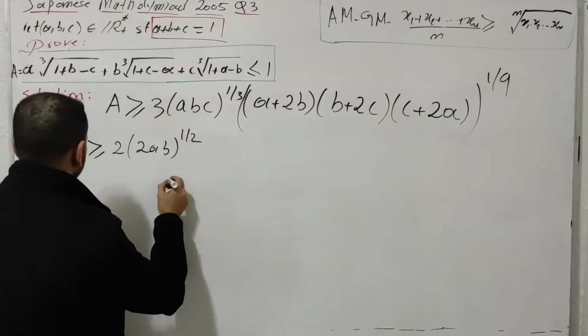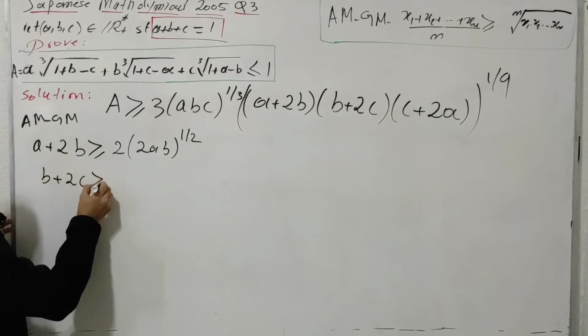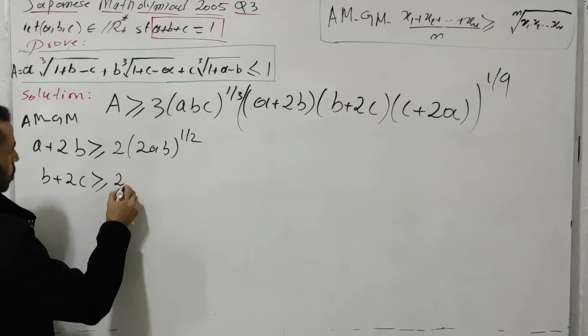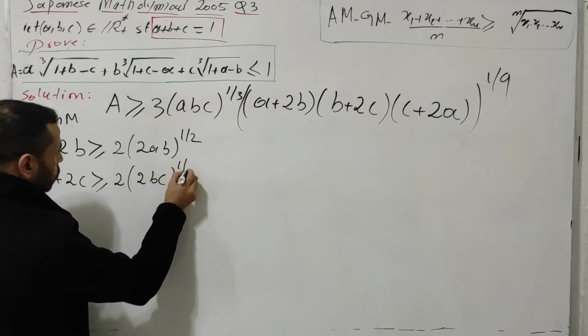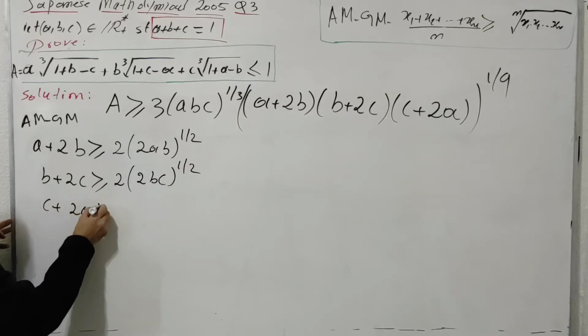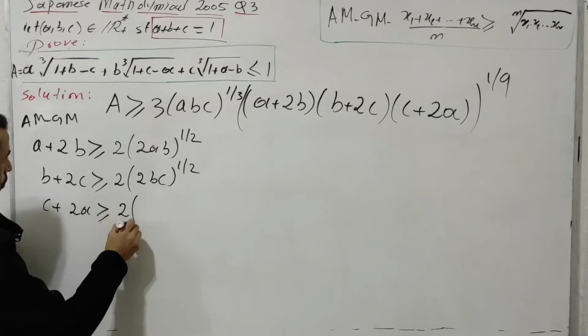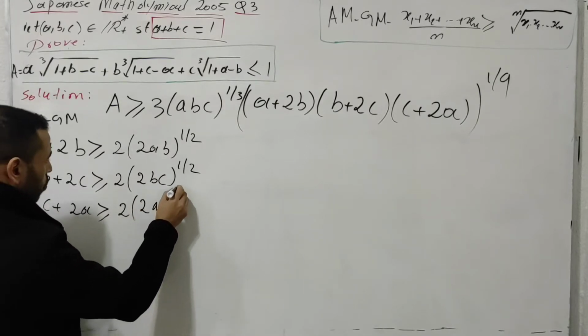Okay, for the second term I get b plus 2c is greater than or equal to 2 times this product, which is 2bc to the 1 over 2. For the last term I get c plus 2a is greater than or equal to 2 times 2ac to the 1 over 2.